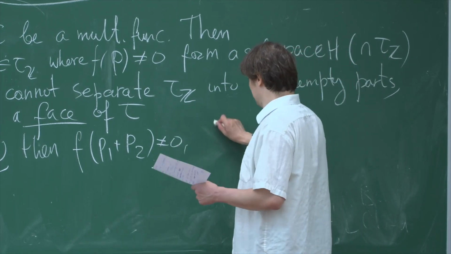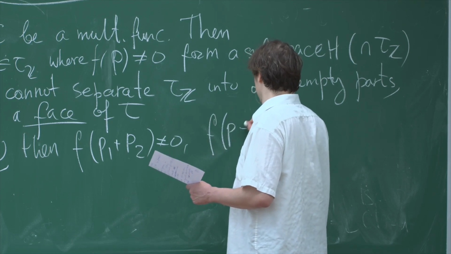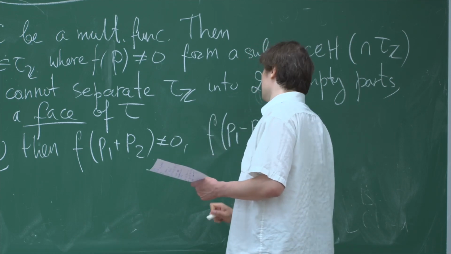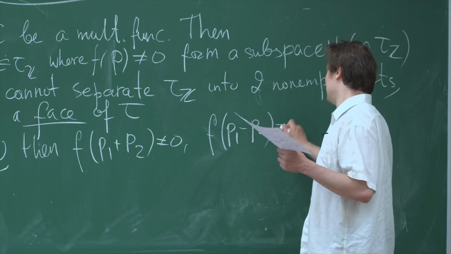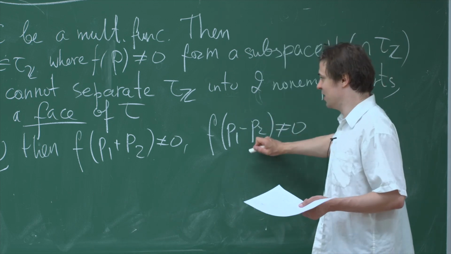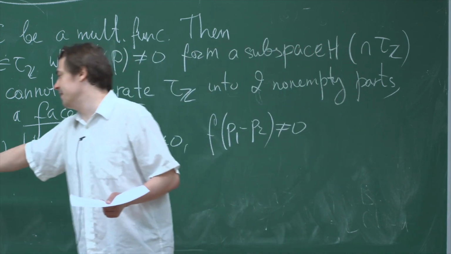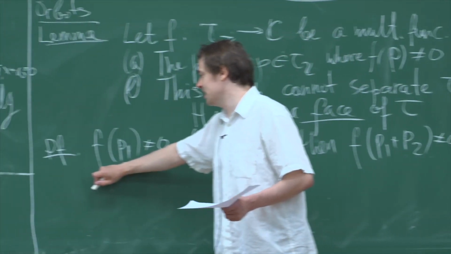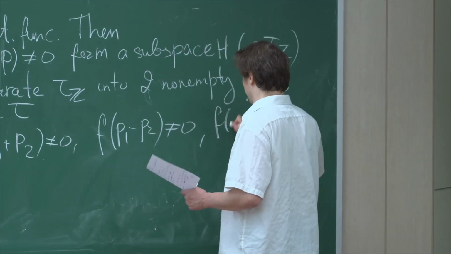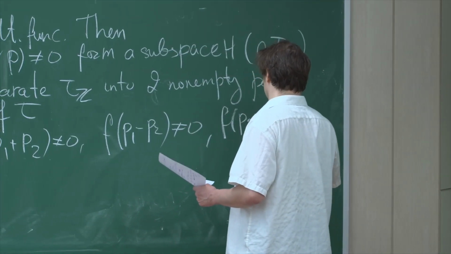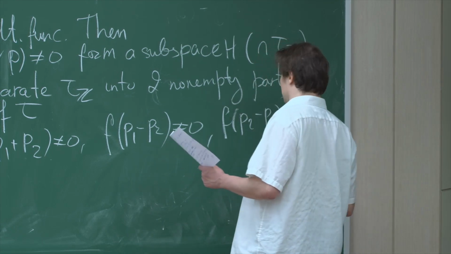And then f of p1 minus p2, if this is still in tau, then this must not be equal to 0, because if this were 0, then we would multiply it by f of p2, and we would get 0 here. Similarly, f of p2 minus p1 is not 0.